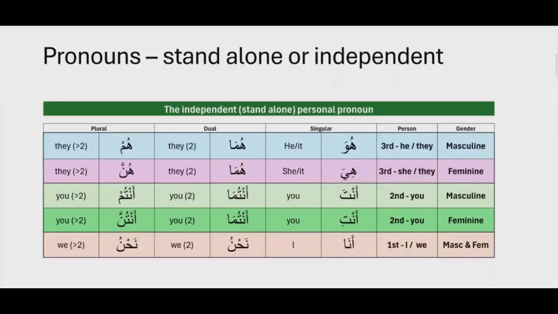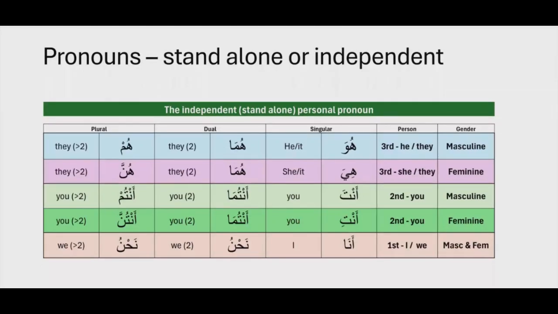Now, why I'm doing pronouns again before I look at other things is because a lot of these are used in making sentences, right? So the singular will be all these: huwa, hiya, anta, anti, and ana, right? And the dual, you notice the alifs coming in here in all of these, right? Huma, huma, antuma, antuma.